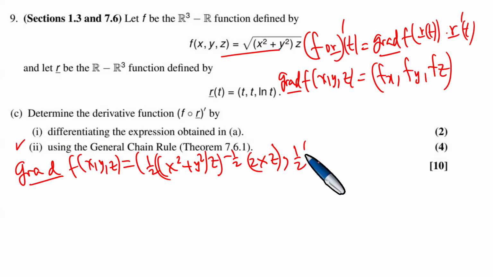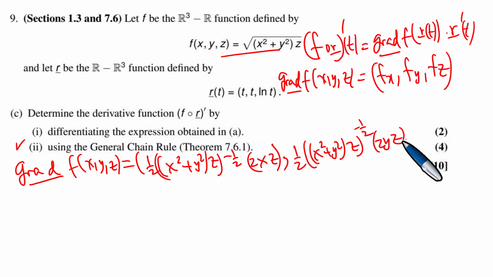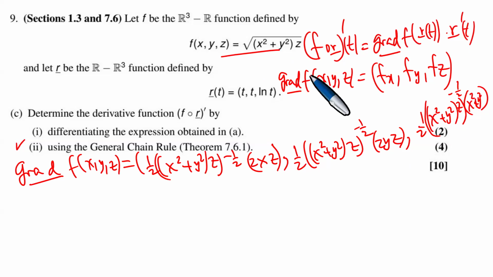And then we also have 1/2 of x squared plus y squared z, and the derivative with respect to y is going to be 2yz. Then you differentiate the last part, f with respect to z, which is 1/2 of x squared plus y squared z to the minus 1/2, and the derivative of the inside is going to be x squared plus y squared, because the derivative of the z becomes a 1.